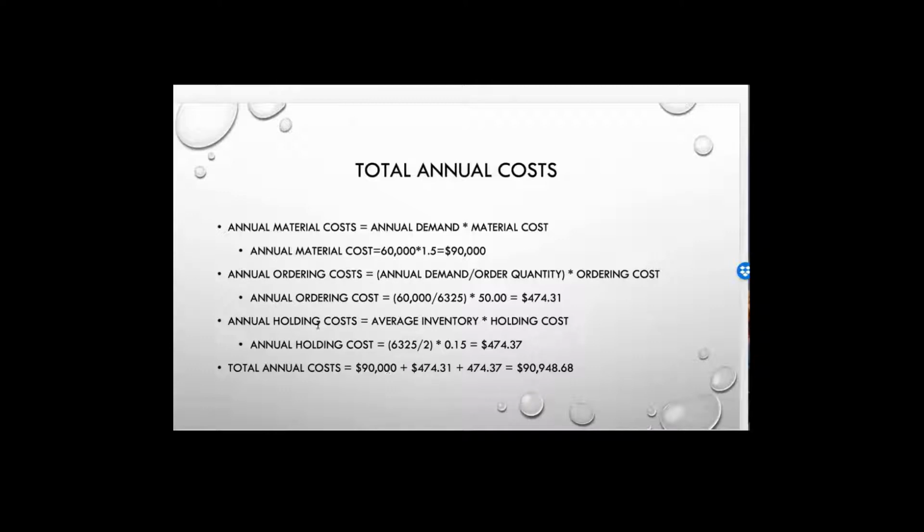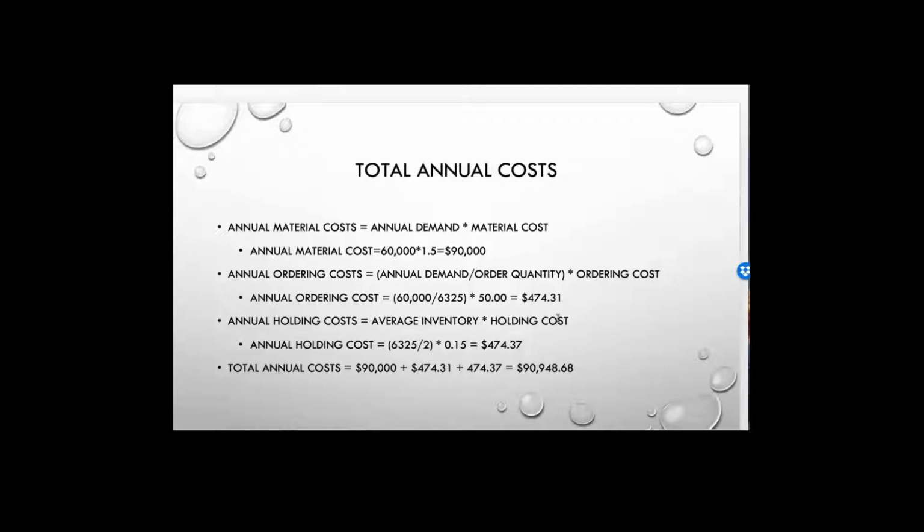Now our annual holding cost is very similar. We take our average inventory and multiply it by our holding cost. And this is where we come back to what I mentioned before. Our inventory is going to deplete at a constant rate. The maximum inventory we're ever going to have at one time is 6,325, because one of the assumptions is that we order at 0.